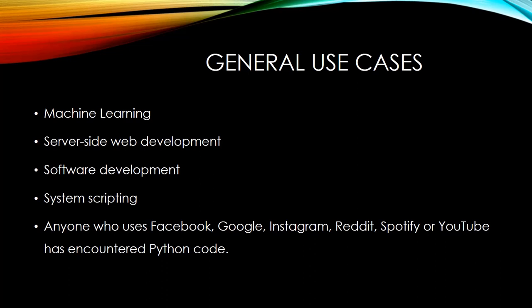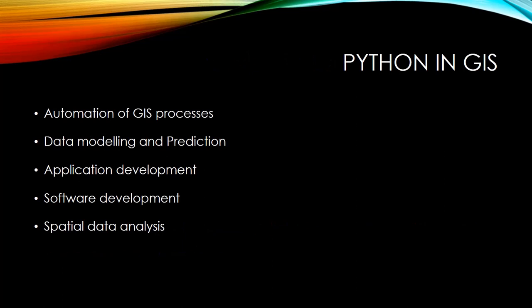For example, in GIS, software like ArcGIS and QGIS were developed using Python. So for example, if you want to develop a QGIS plugin, you would use Python. And companies like Facebook, Google, Instagram, if you use them, just know that the creation of that was from Python. So that just shows you how powerful Python is.